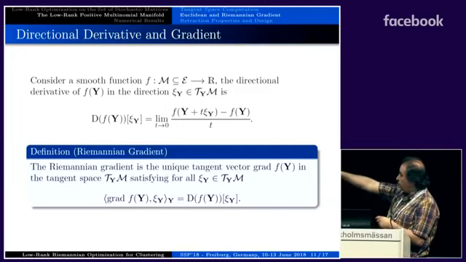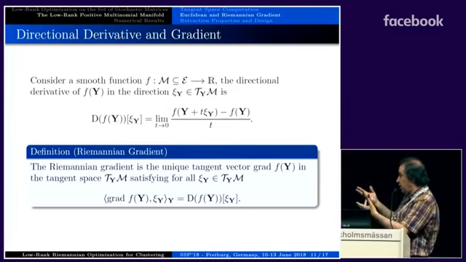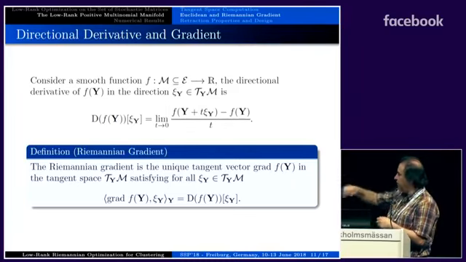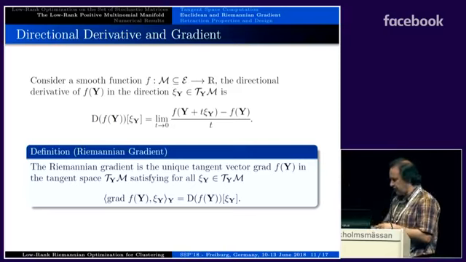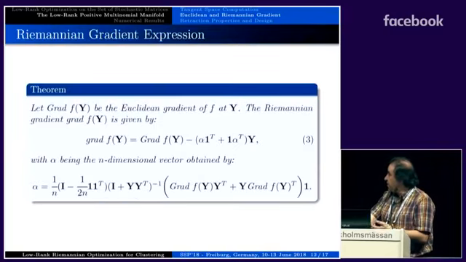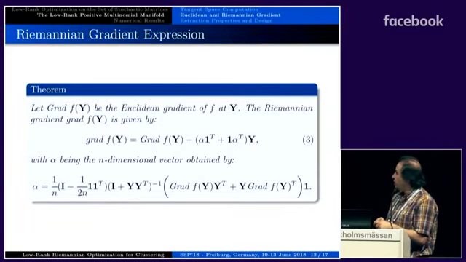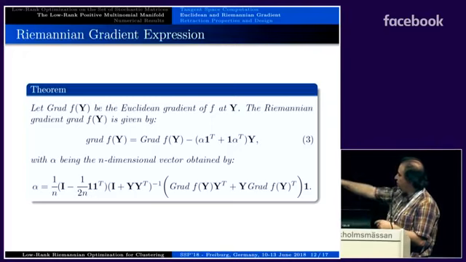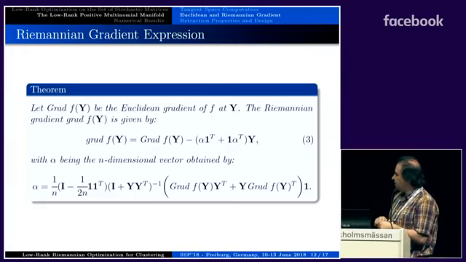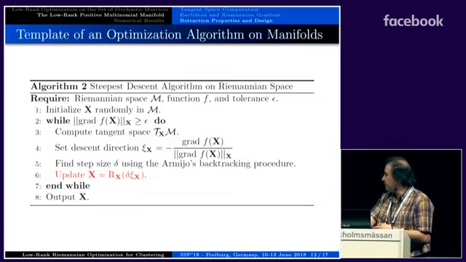And so the Riemannian gradient is just a vector whose inner product with psi y in the inner product on the manifold gives me the directional derivative. And so in this case, again, one can compute the Riemannian gradient. Again, this is just an exercise, so it's a modification of the usual gradient, which is the capital G, and the modification has this vector alpha, which is found from that equation there.